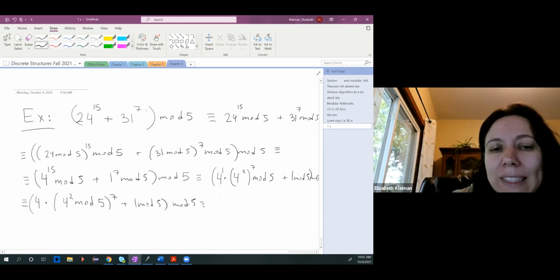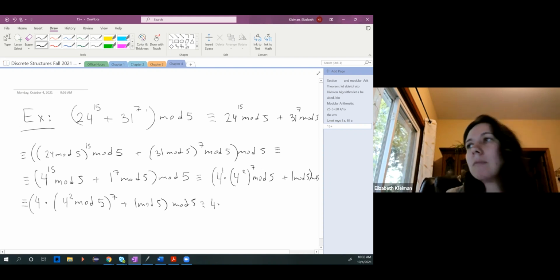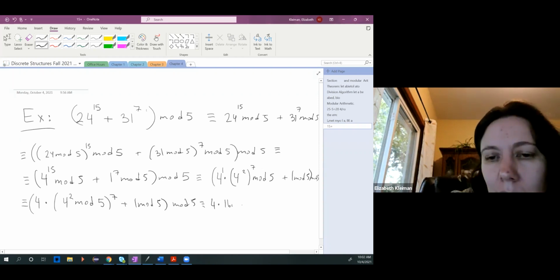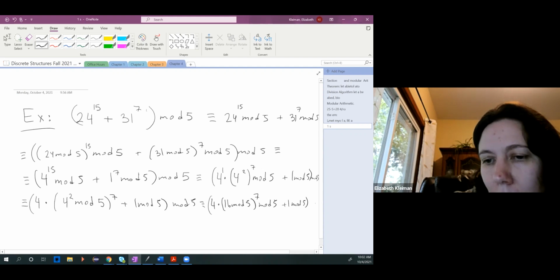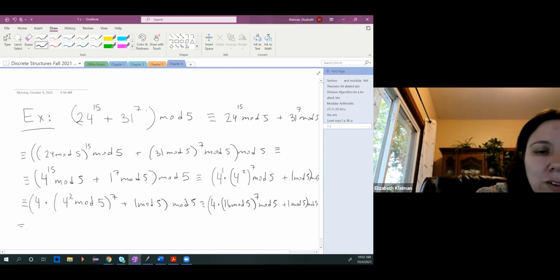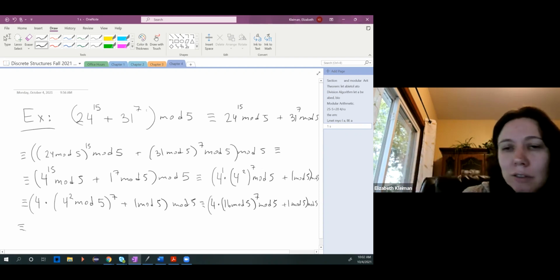So 16 mod 5 is 1. Congratulations to us. We got rid of another part, correct?